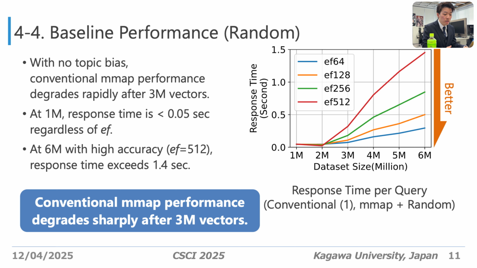With no topic bias, the performance degrades rapidly after 3 million vectors. The red line, which represents EF512, at 6 million vectors, the response time exceeds 1.4 seconds. This confirms that mmap is very slow for large datasets with high accuracy settings.